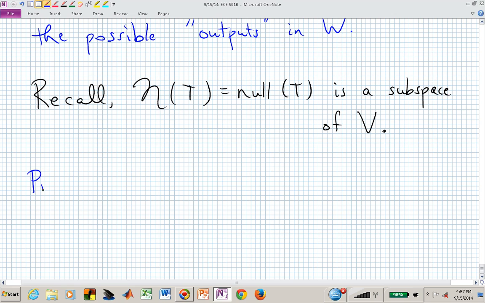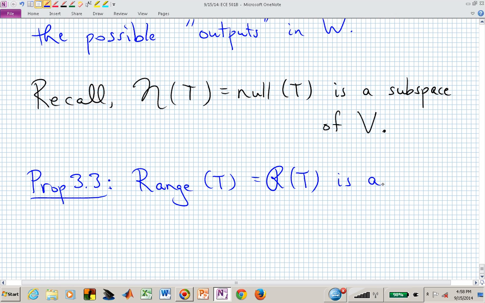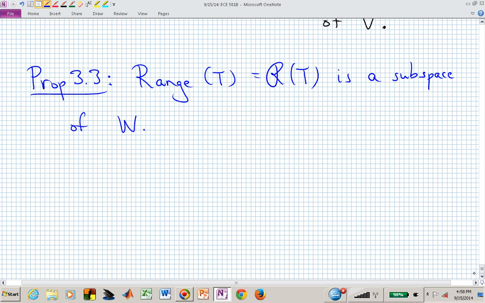Proposition 3.3 now tells us that the range of T is a subspace, but now it's going to be a subspace in W. So now the range of T is a subspace of W. Again, you would need to show that it satisfies those three properties.